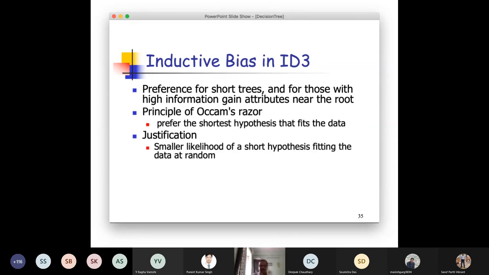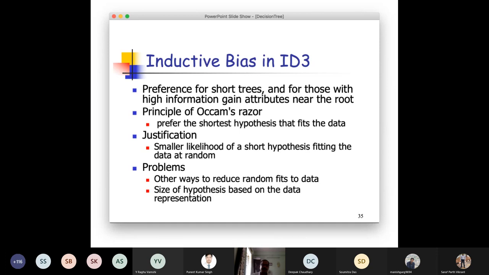The justification is that there is a smaller likelihood that a short hypothesis is going to fit your data by chance. The probability of fitting the data randomly will be less. So you have more order in that case of selecting a model.